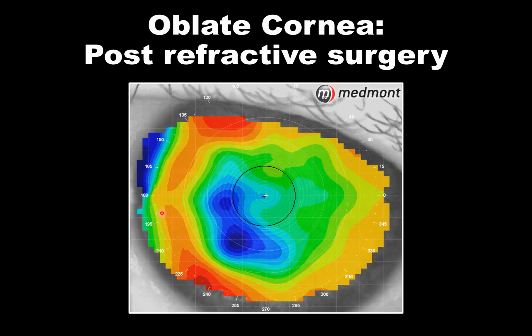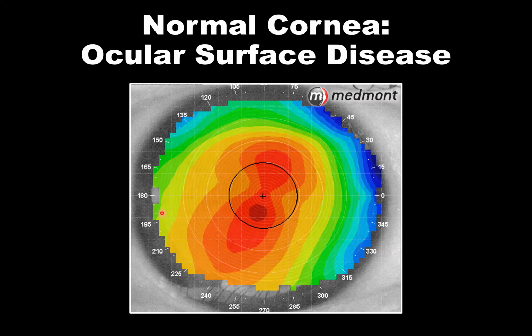When you're dealing with the normal cornea that has ocular surface disease, when you have an incredibly dry eye patient, but really it's a normal corneal height, it's a normal corneal symmetry, then there's a lens in the set that can fit that height of eye.